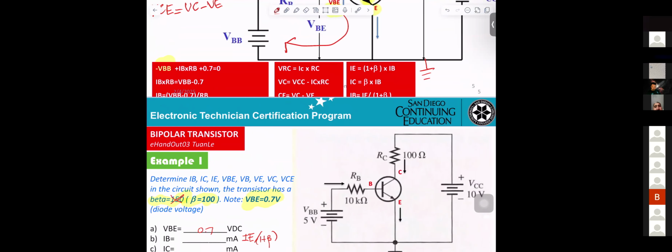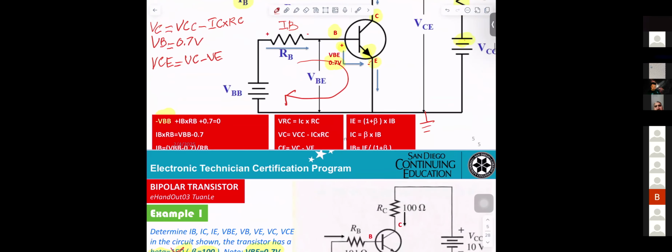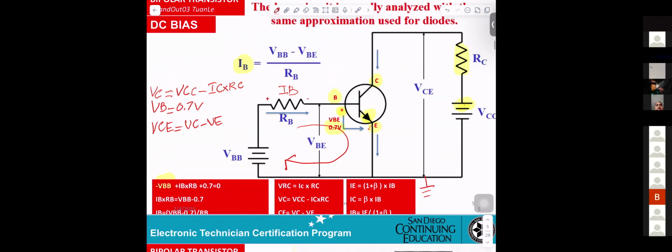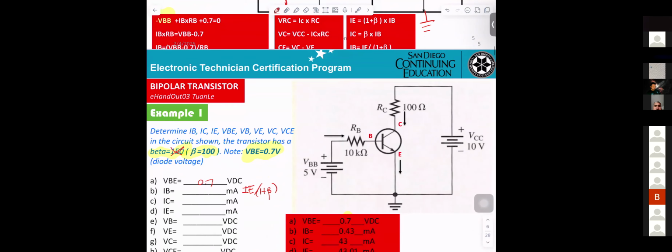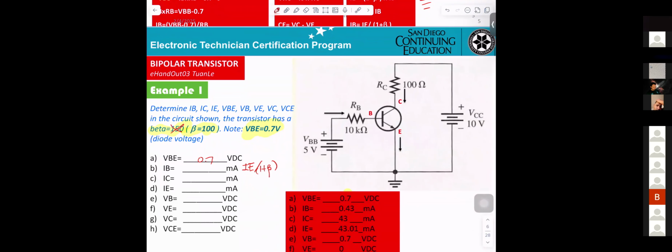You know, VBB minus VBE divided by RB. VBB minus VBE divided by RB. Okay.